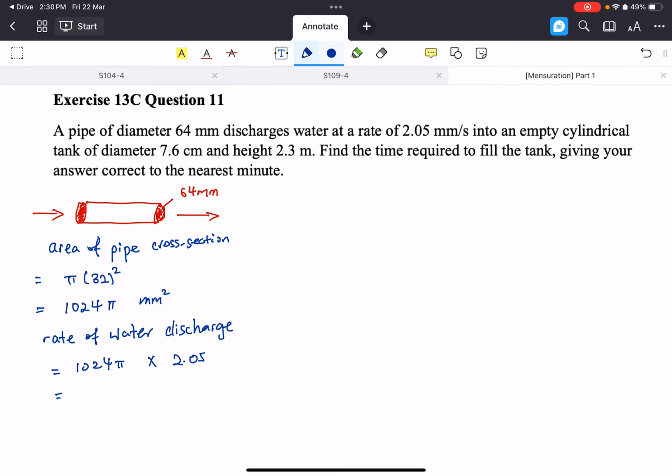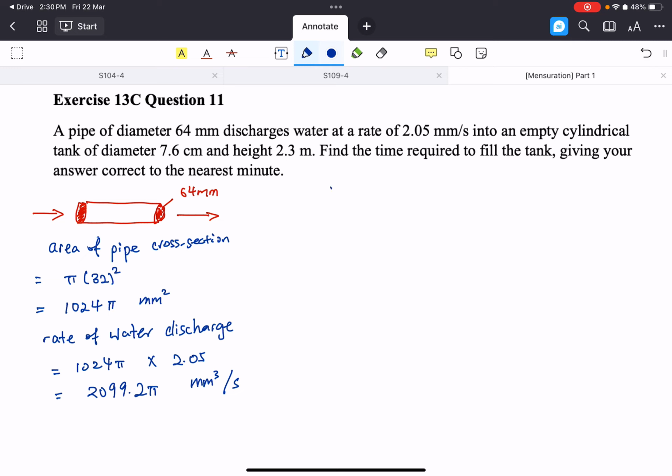And we get 2099.2 pi cubic millimeter per second. So for every second, this is the amount of water that comes out, right? That's what it means. Okay, so now that we know how much water comes out, let's find the volume of the tank so that we know how much water we need to collect. Okay, so let's move on.